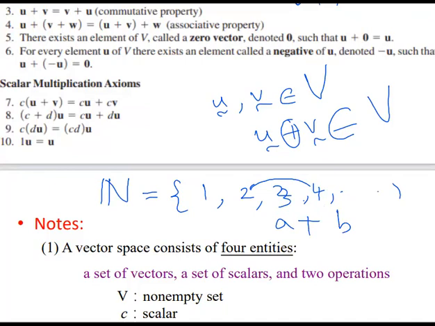When you add these two up, this is normal addition, so again you get another natural number. This one also belongs to the set N, the natural number set. So that means this set is closed under addition.